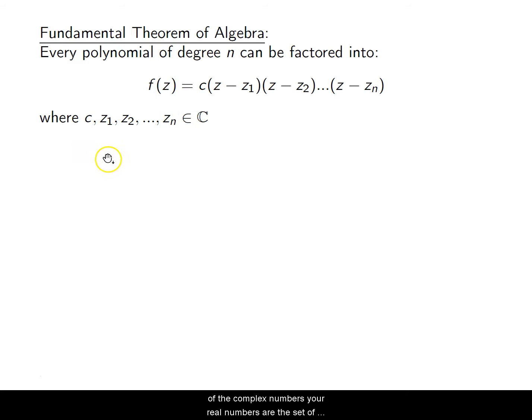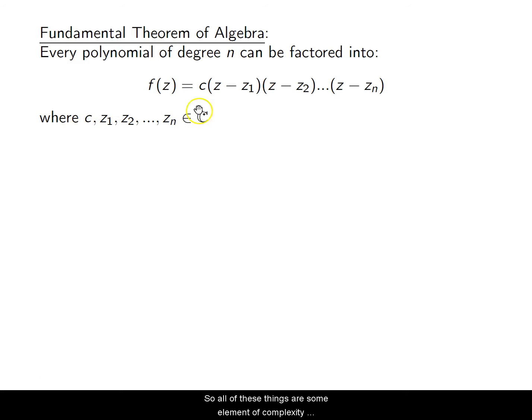Your real numbers are the set of complex numbers such that the imaginary part is 0. So the real number system is a subset, a subgroup actually, a subfield of the complex number system. So these can be real, integers, irrationals, rationals, they can be anything. So this is the set of numbers that contain all types of numbers.